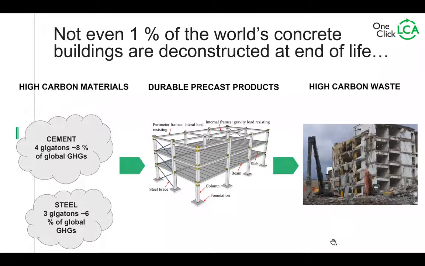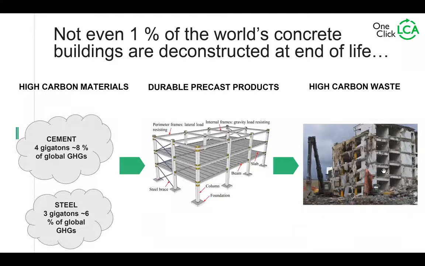So I said this already in a different way, but I will say it again. Not even 1% of the world's concrete buildings are deconstructed at end of life. So we have the highest carbon materials available in the world. We use them in large quantities to make very durable, high quality precast products, and then we destroy it, right?